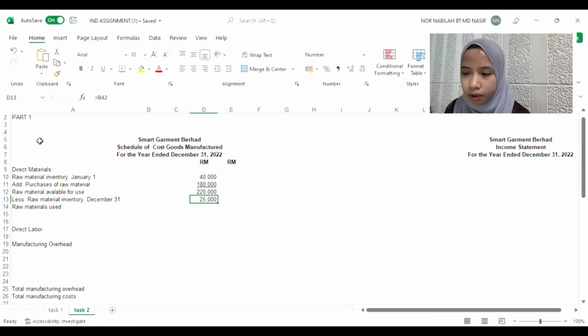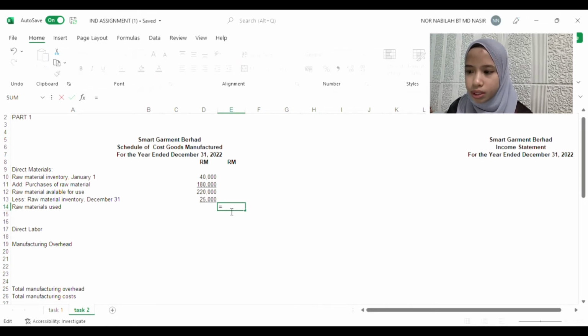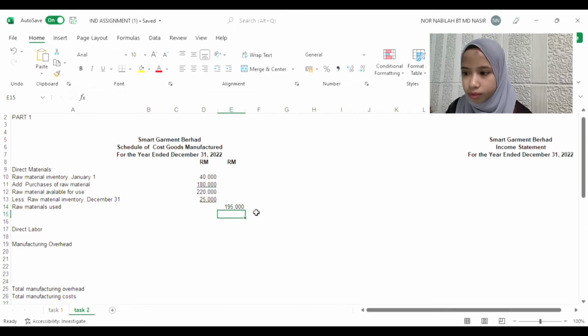Sorry, the raw material available for use is 220,000 minus raw material inventory December 31, which is 25,000. So we minus 25,000 from 220,000, and we get the raw material used. The total is 195,000.